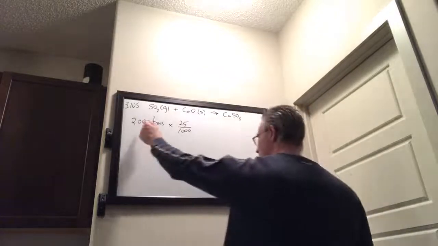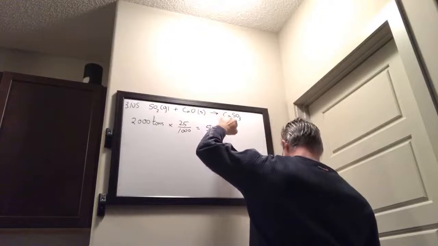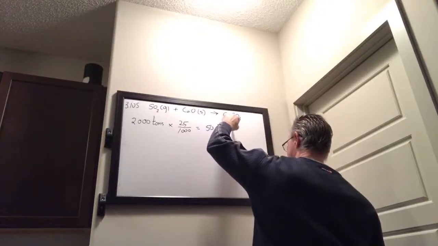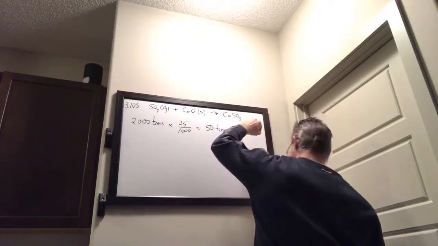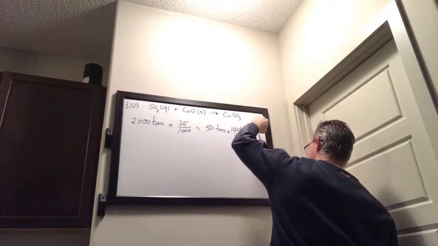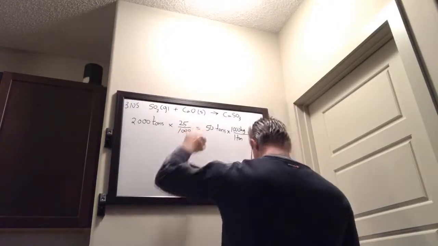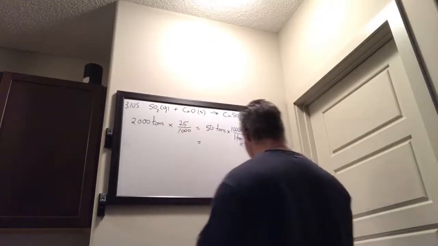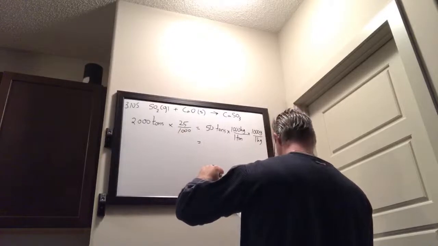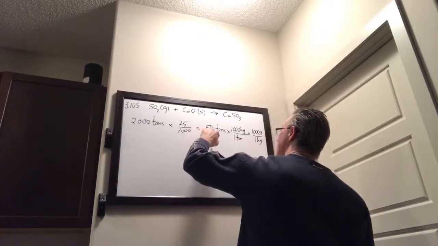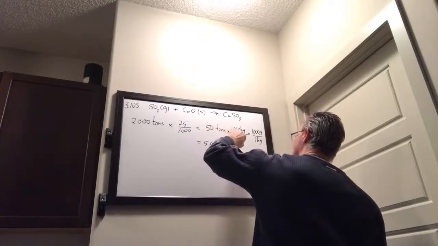So that means out of those 2,000 tons of coal, what you have is 50 tons of sulfur times 1,000 kilograms per 1 ton times 1,000 grams per kilogram equals 5.0 times 10 to the 7 grams of sulfur.